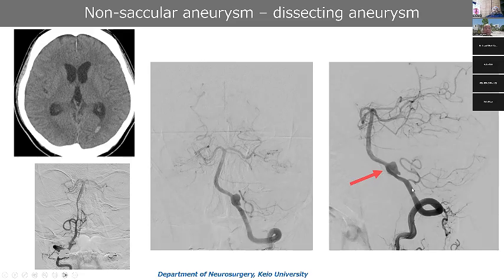When we treat this case, we should occlude this dissection part totally, so we have to sacrifice this vessel. In this case, we have to evaluate the contralateral vertebral artery circulation. Here, the contralateral vertebral artery is supplying the basilar artery and PCA with enough flow volume, so we can sacrifice this side.